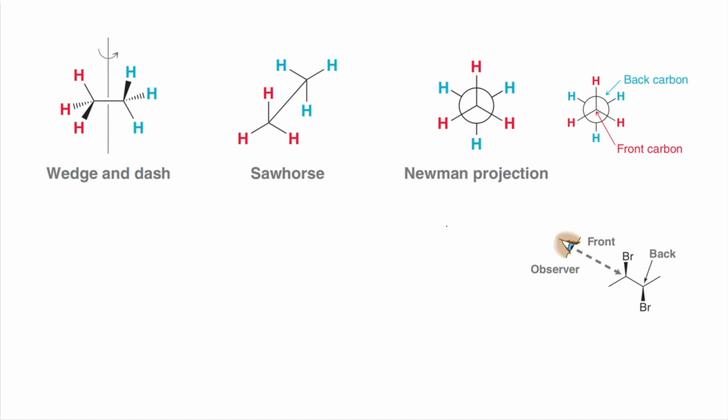For example, for the first one, we see from here, we wanted to put it like this. We see it from here, and then we compact it into the Newman projection.